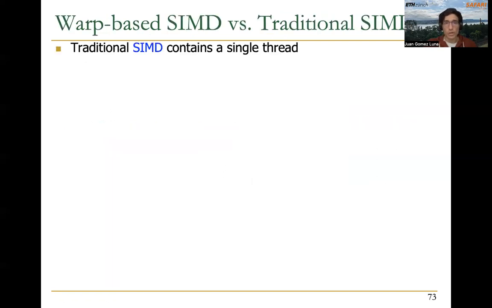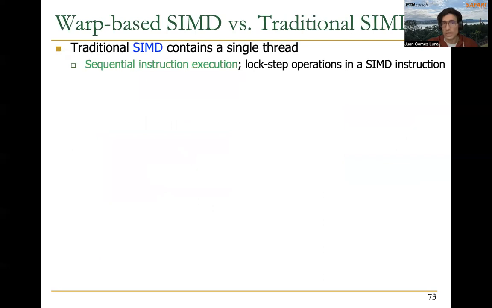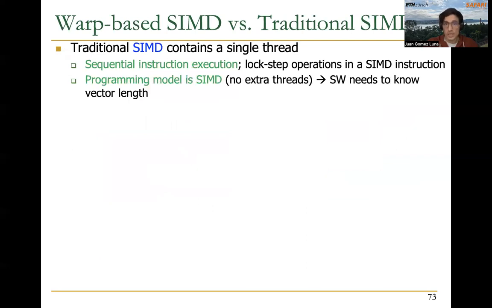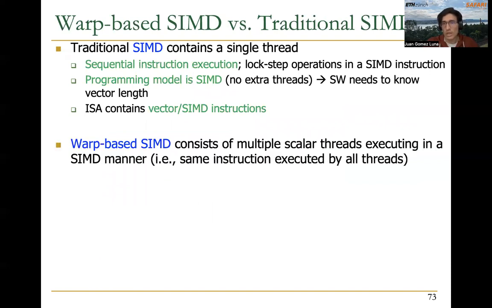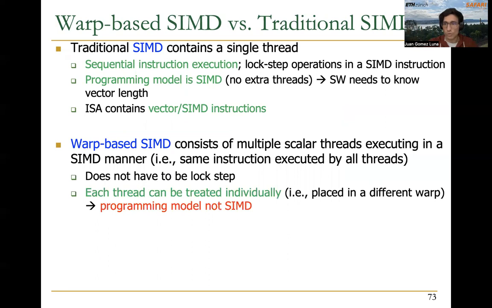To summarize, a comparison between warp-based SIMD and traditional SIMD: in traditional SIMD, we have a single thread, and this single thread executes SIMD instructions. The programming model is SIMD. There is just one thread, but with vector or SIMD instructions. While in warp-based SIMD, we have multiple scalar threads. The programmer doesn't need to assume that they are going to execute all together.